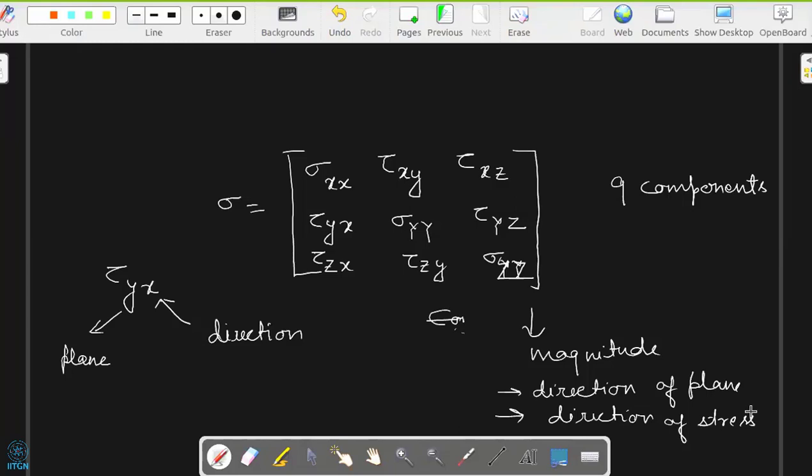Now, when we come to stress, in order to define a stress we need the magnitude, we need the direction of the plane on which it is acting, and we need the direction along which it is acting. So here we have two directions.